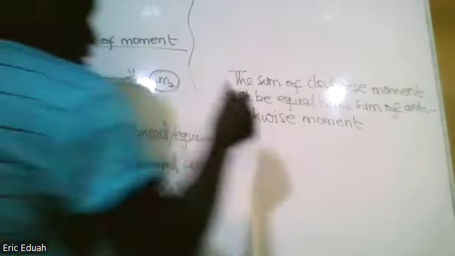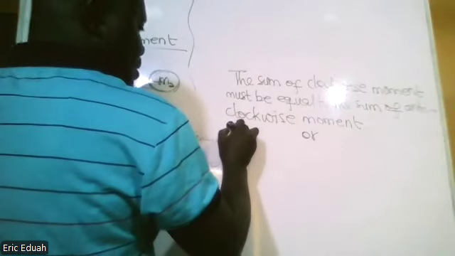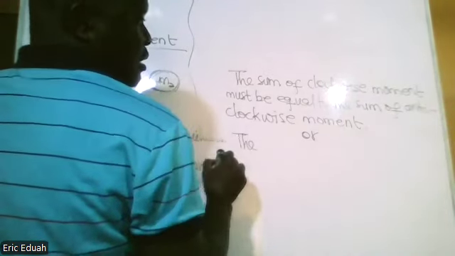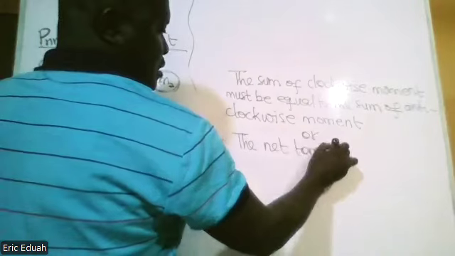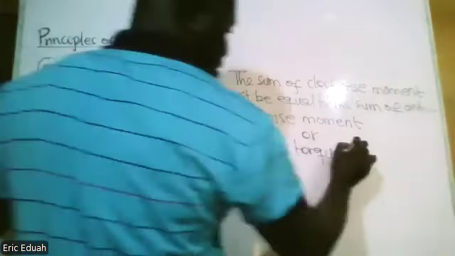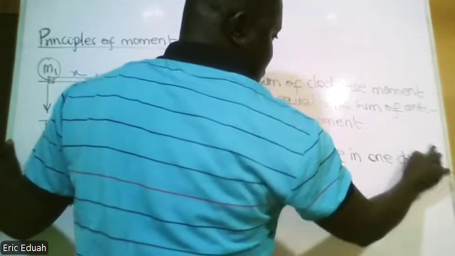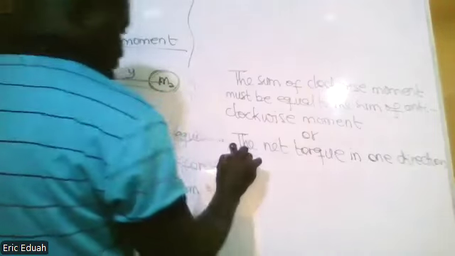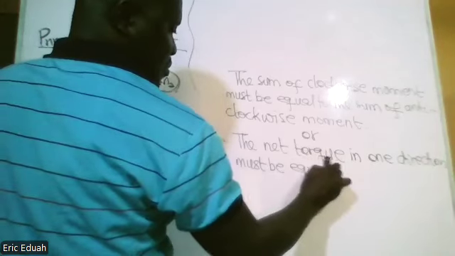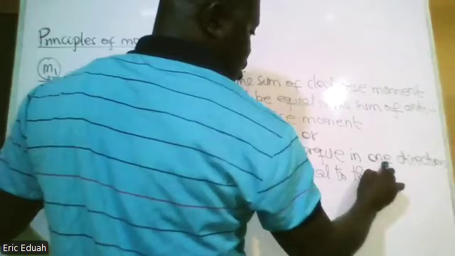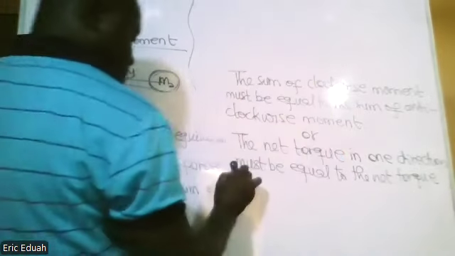Or this can also be rephrased in a different way, and that is the net torque in one direction must be equal to the net torque in the other direction.